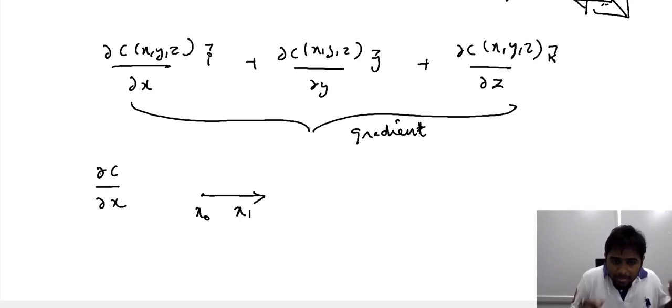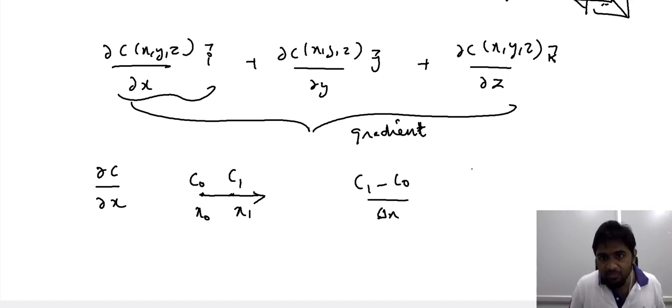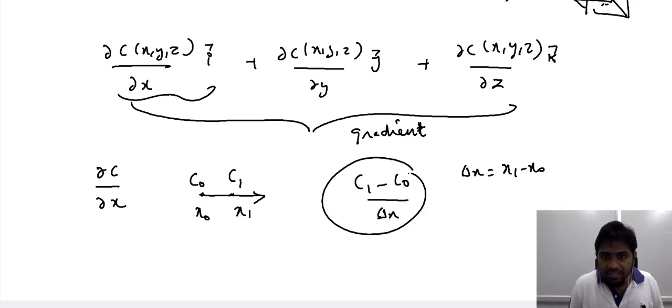The magnitude of the first term of the gradient, the partial derivative of c with respect to x, considers two points along the x-axis, with concentrations c0 and c1, and the partial derivative is nothing but c1 minus c0 by delta x, where delta x is x1 minus x0. So this is what the first term is.